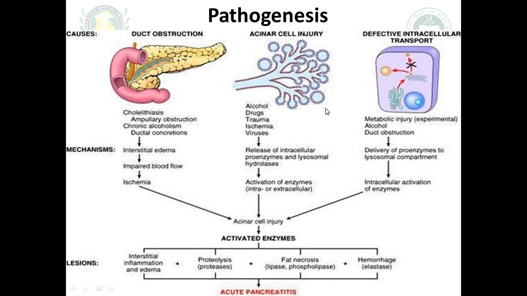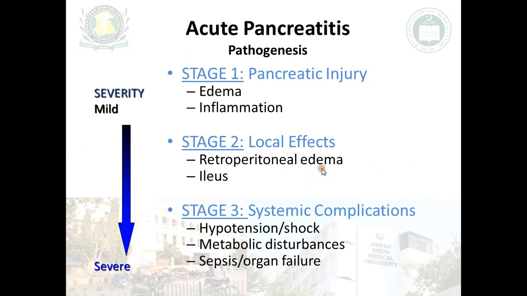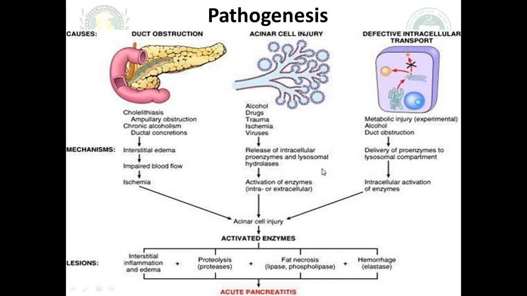The second mechanism is direct acinar cell injury, like in the cases we have discussed: viral infections, mumps, alcohol intoxication itself can cause injury to the acinar cells, drugs or ischemia because of any reason. They basically lead to the release of intracellular proenzymes and lysosomal hydrolases, and it activates the enzymes and causes acinar cell injury.